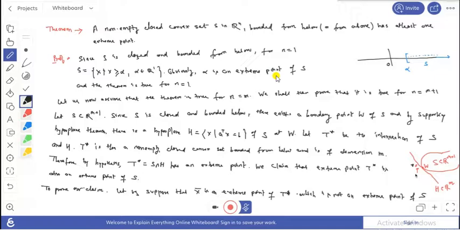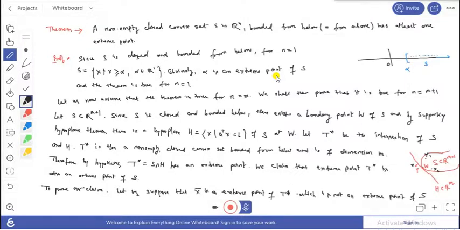Now if we take any 2 points, suppose x1 and x2, belonging to the set S, then the convex combination of these 2 points equals x bar. So x bar is the convex combination of these 2 points.